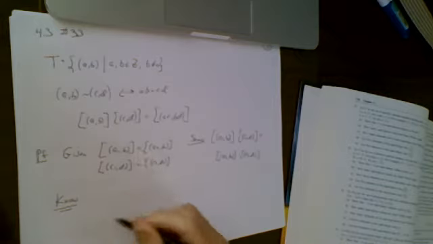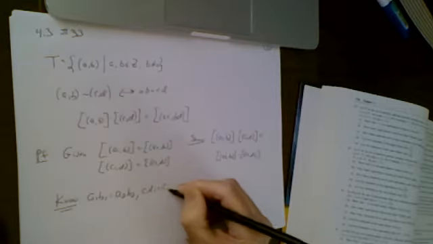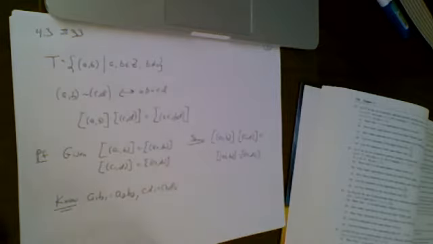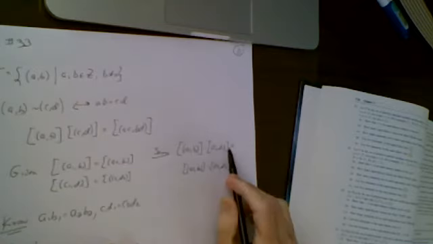Since these are the same, (A1, B1) equals (A2, B2). And we know (C1, D1) equals (C2, D2). We have to show, well, let's think about the way the multiplication is defined here. This product is (A1C1, B1D1).